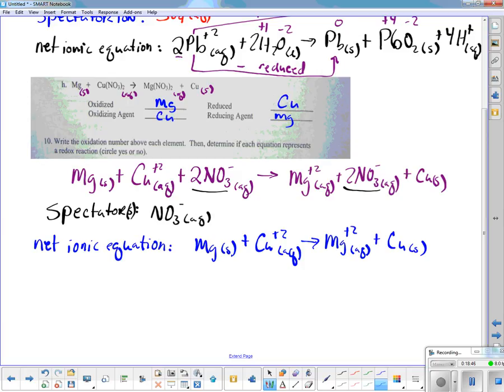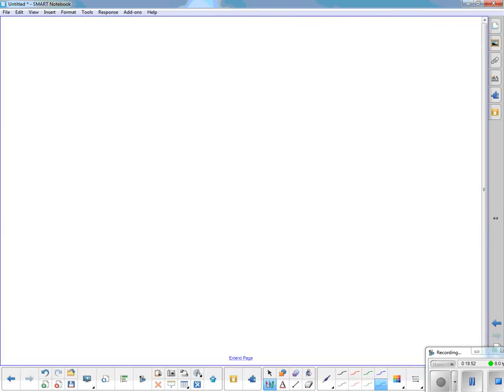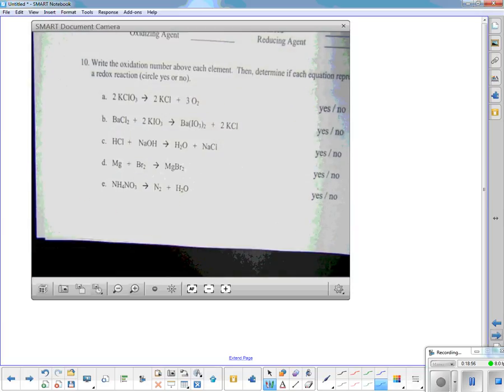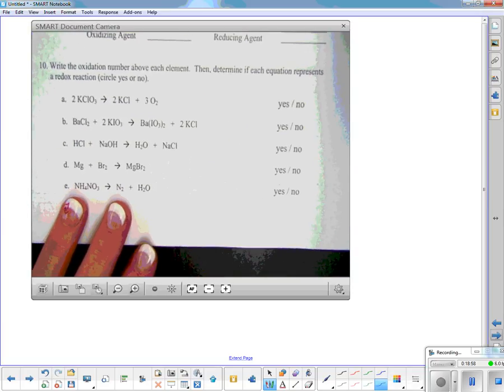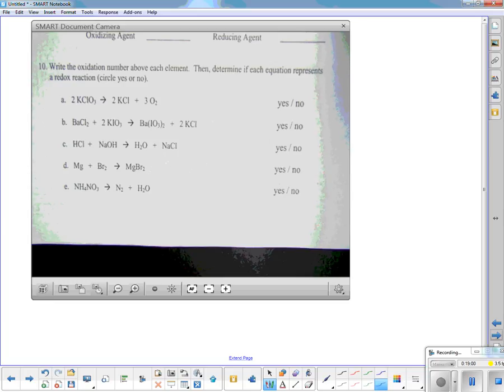Okay, now at the very bottom of this worksheet, and notice I'm not doing everything with you. I'm just doing some. But this is a good review worksheet. It tells you really quickly to look and see if something is a redox reaction or not. Here's a big key.